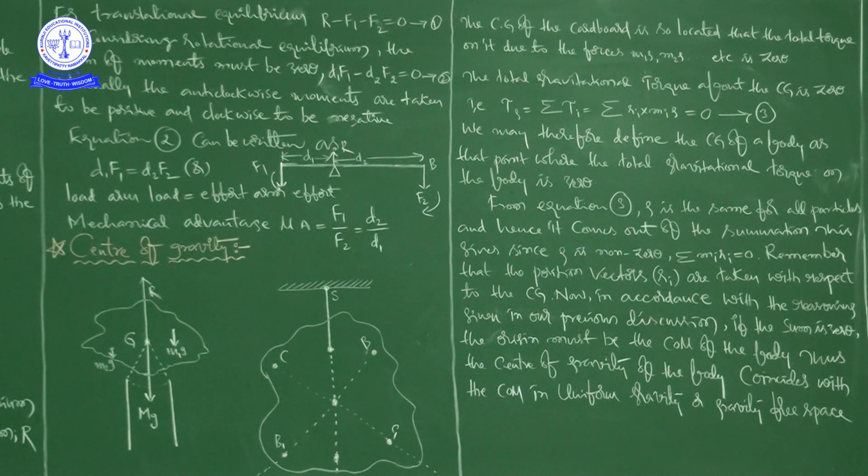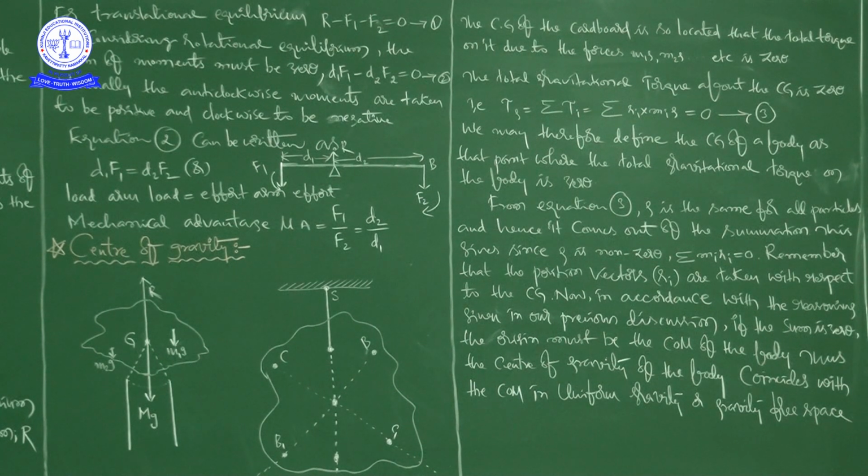So when D2 is greater than D1, that is, when the effort arm is larger than the load arm, the mechanical advantage is greater than 1. That is what I am saying mathematically. So when the mechanical advantage is greater than 1, it means a small effort can be used to lift a large load.